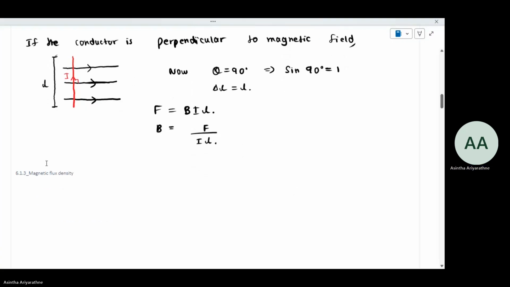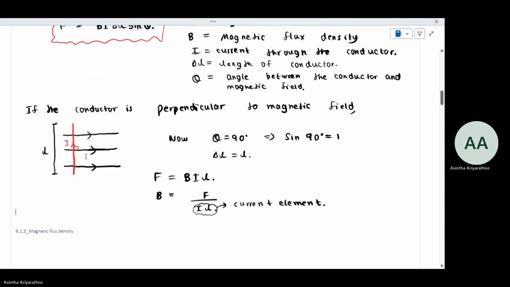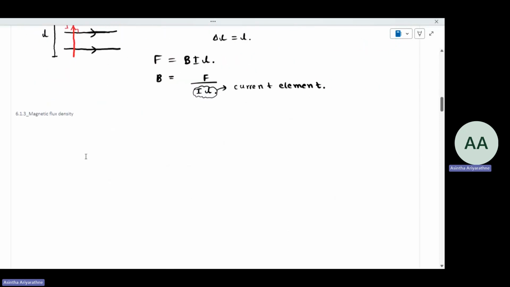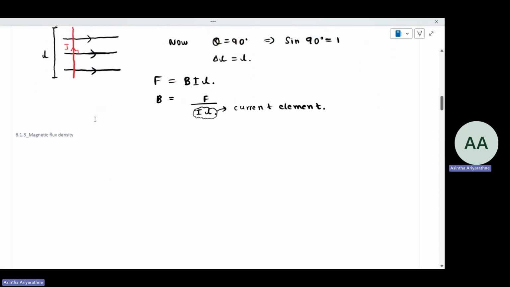Right. So this I into L term is defined as the current element. So let's go for a definition.